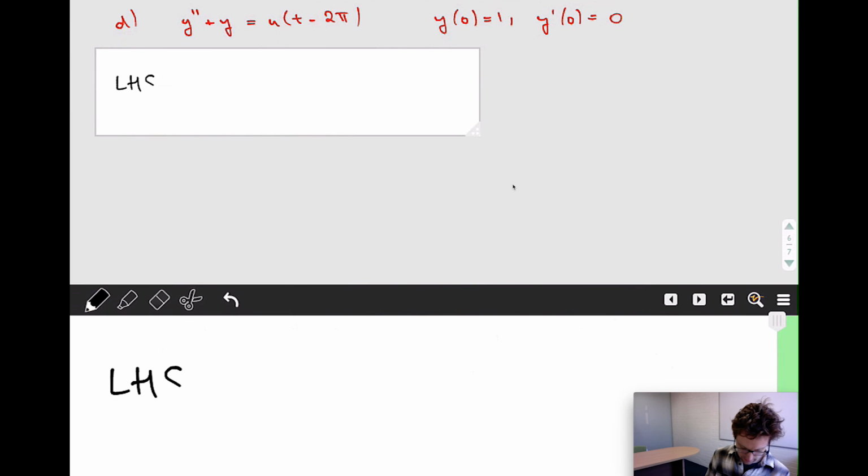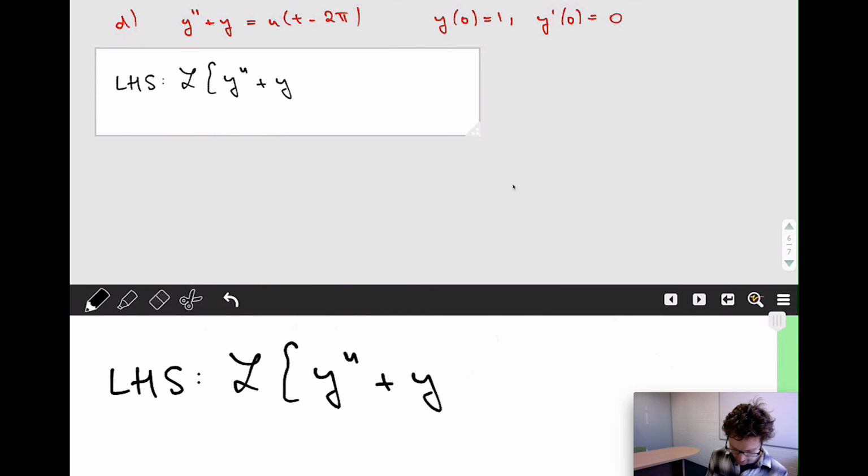So the left-hand side, I need the Laplace transform of y double dash plus y.